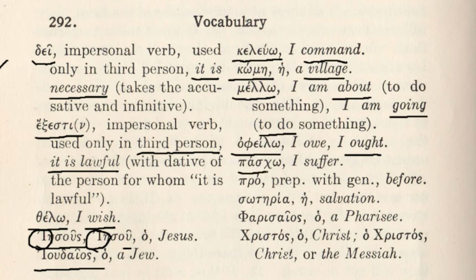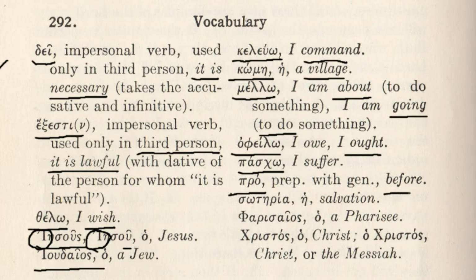Pascho means I suffer, and so that is probably related to our word passion to some degree, and that's the sense in which we think of it. Obviously, this is a word that's used rather frequently in the New Testament. Pascho, I suffer. Here, the word pro, as you know, is a word that means before.